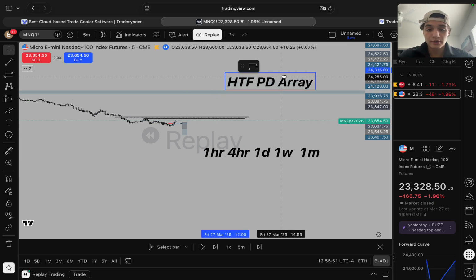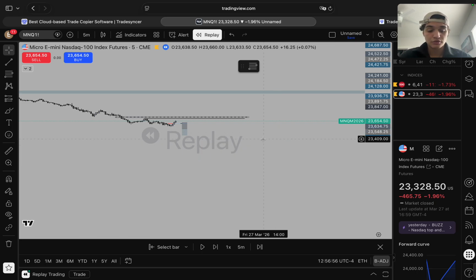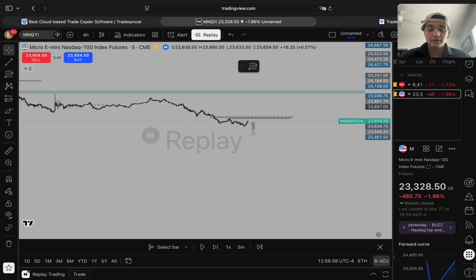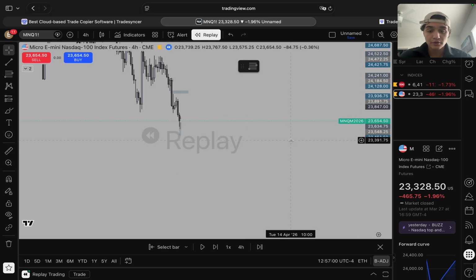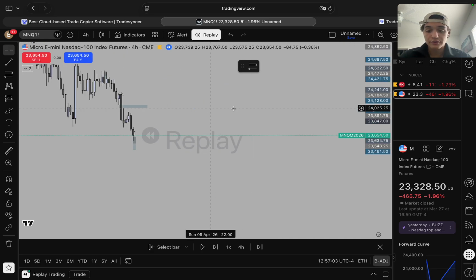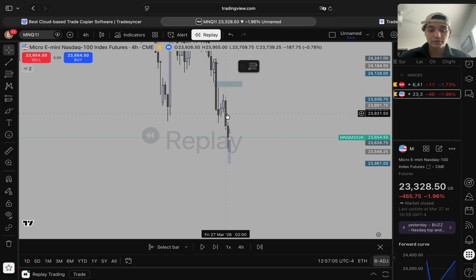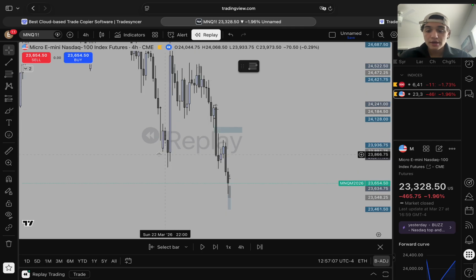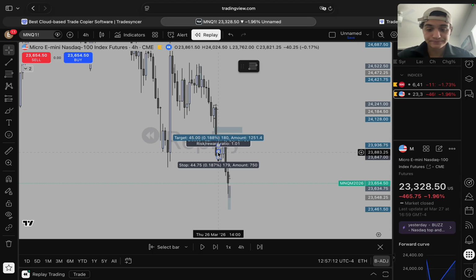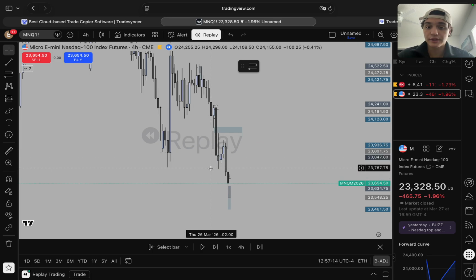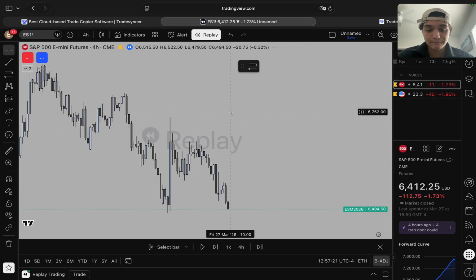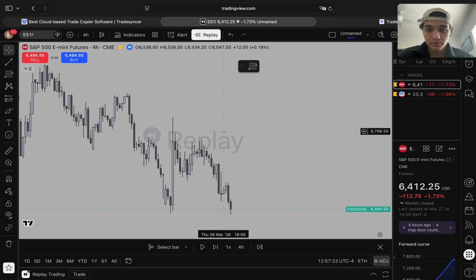So let me take this away. Now, for this day, when we went to the 4 hour, we can see this candle was after 9:30. We had taken out this low during PM session the day before, and we rejected towards this 4 hour gap, right?